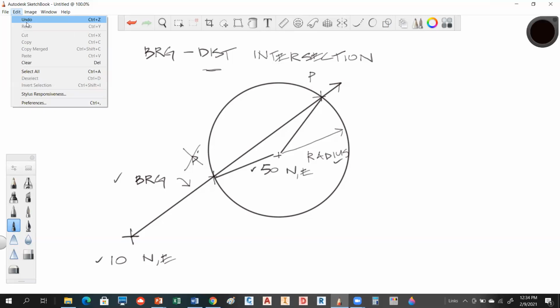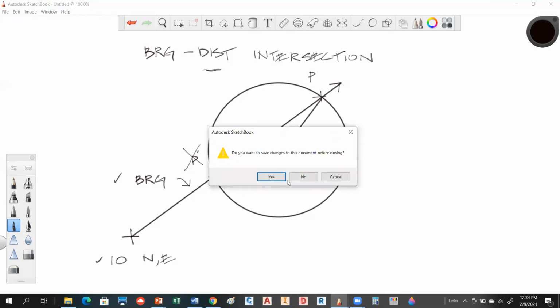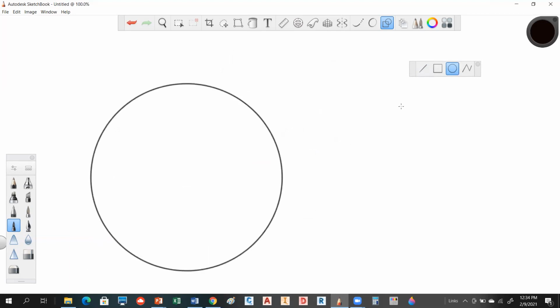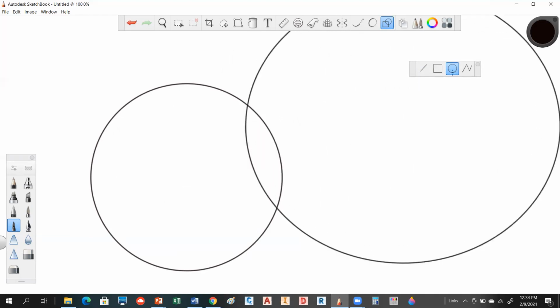The last type of intersection is called a distance-distance intersection. So what you've got is one circle, you've got another circle, and you know the center point of this circle.